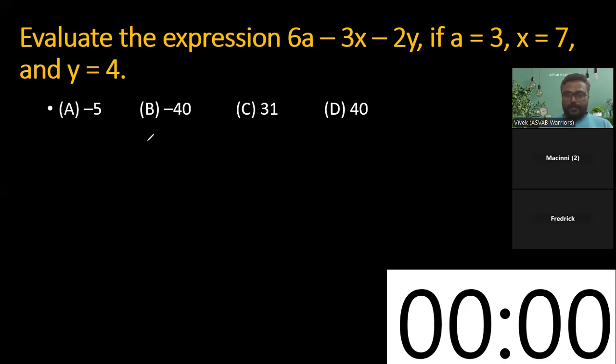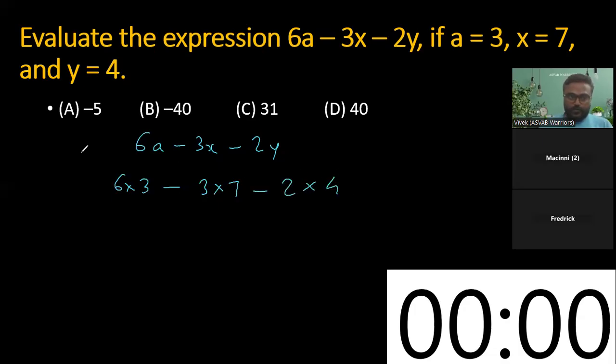So here, 6a minus 3x minus 2y. So in place of a, you need to put 3. So 6 times 3. In place of x, you need to put 7. So 3 times 7 minus. In place of y, you need to put 4.